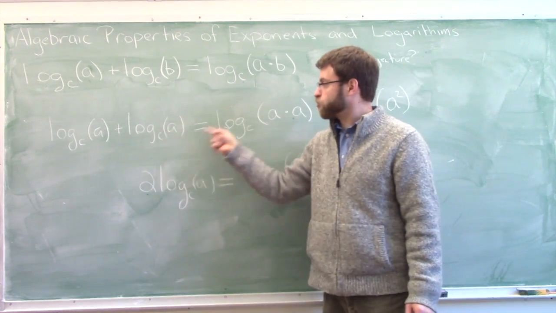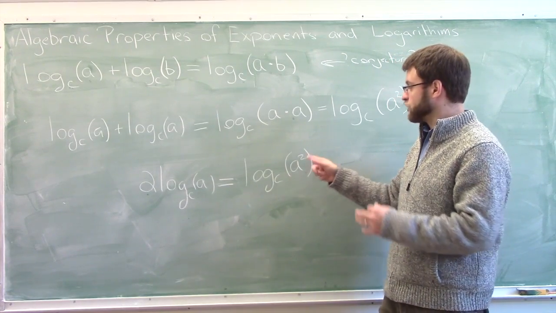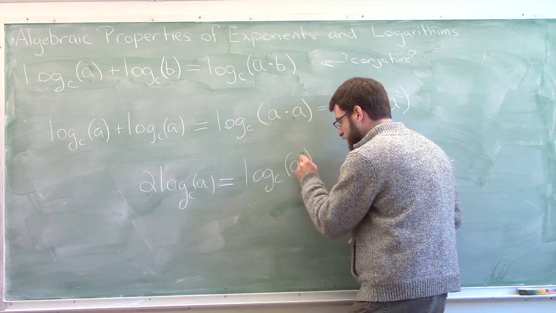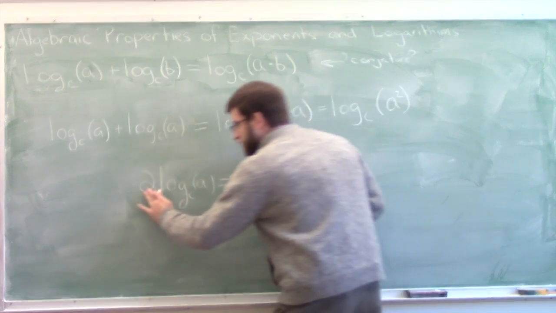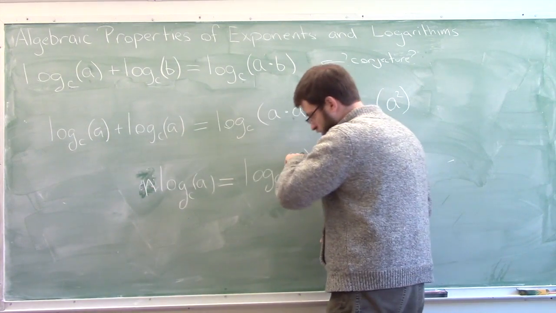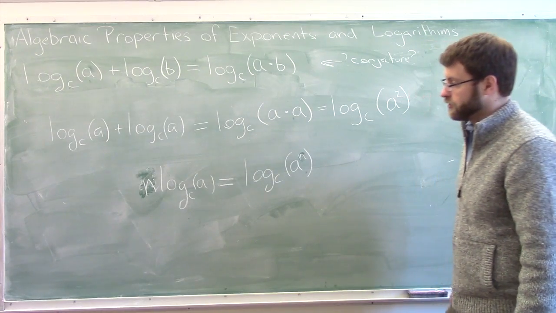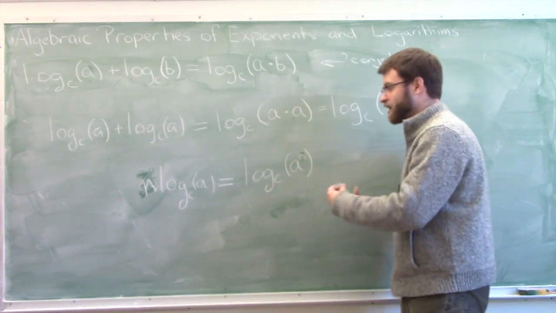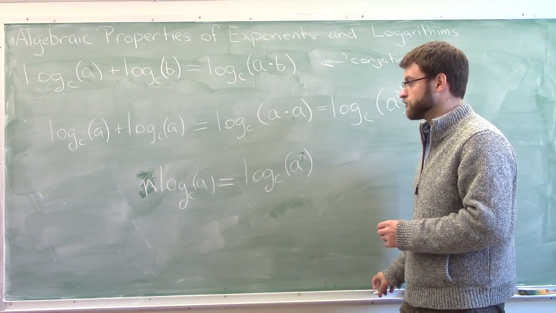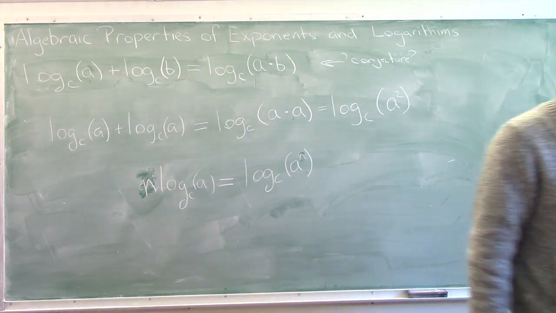But by using this property multiple times in different configurations, you can generalize this so that if you have any power, a to the n, inside a logarithm, you can move that exponent inside the logarithm to a coefficient out in front. Okay, so this is kind of the second property of logarithms, and one that turns out to be really, really useful in applications.